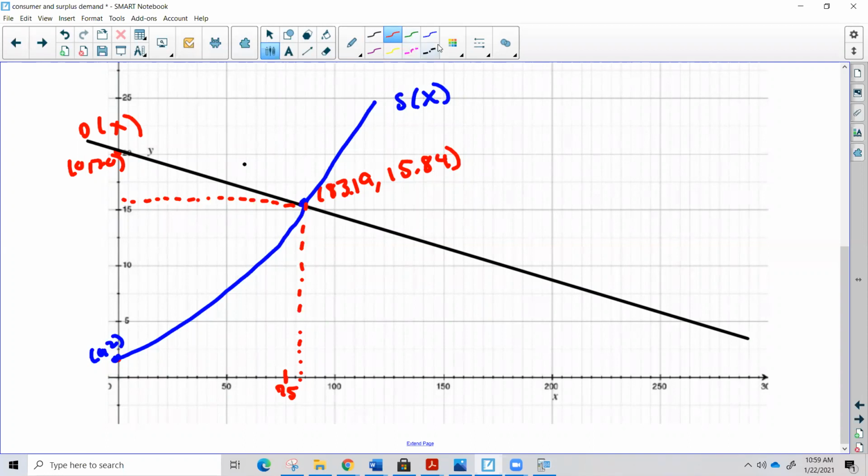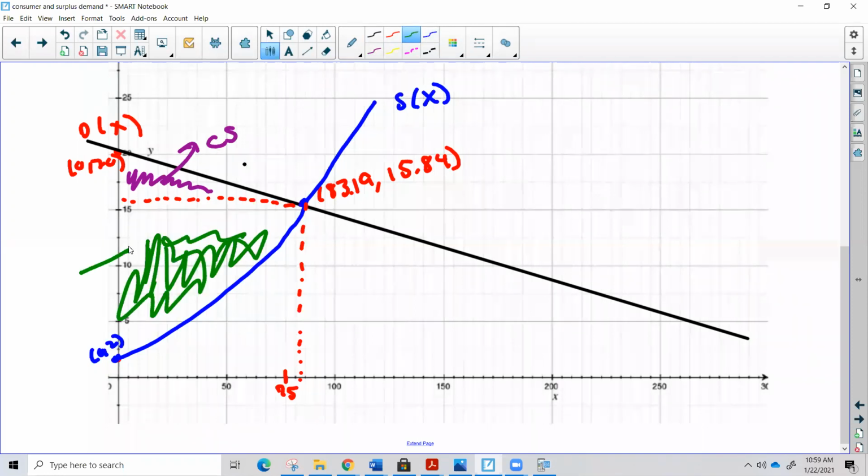And the consumer surplus is here. Okay, so it's the area between the demand curve and your rectangle. And then the producer surplus is here. Okay, and I know most of you do black and white when you scan.